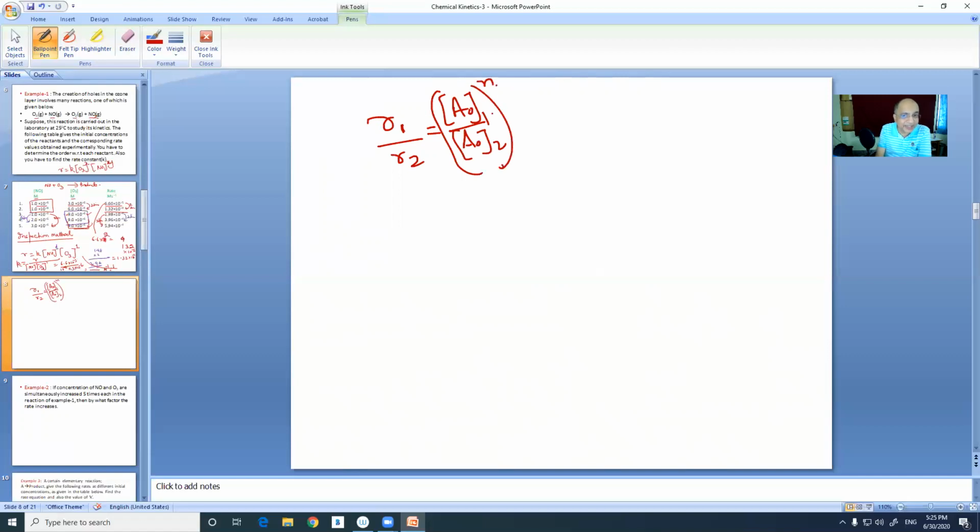That is how they determine n, because this is the first data to the power n and this is the second data to the power n, but you have to keep one concentration fixed.